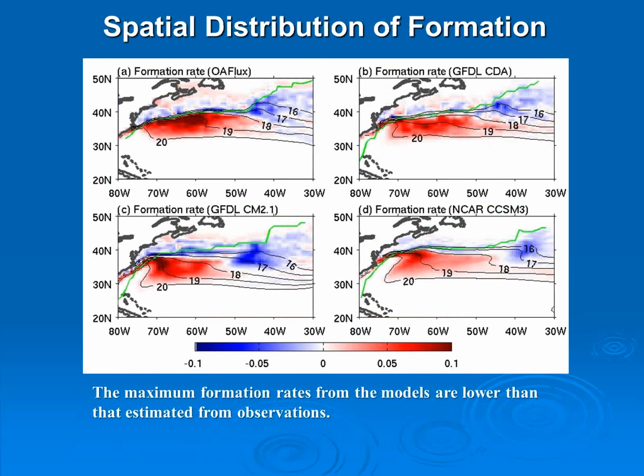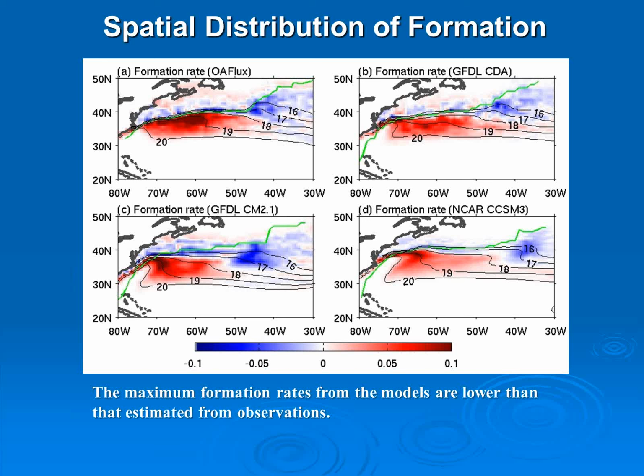However, if you look at the formation, the observations actually give you the strongest formation rate, whereas the models are relatively weaker. Also, you see that the formation from observations follows the Gulf Stream well, but not in the two IPCC models. The data assimilation model is in green.